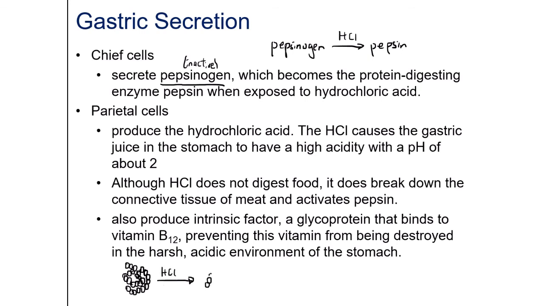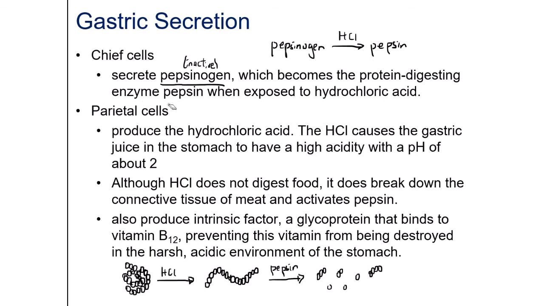It will help unfold the protein, so it's going to be in a long chain of amino acids. Then the hydrochloric acid will also activate the pepsinogen, converting it into pepsin. And pepsin is an enzyme that chops up the polypeptide. So you would get small chains of amino acids as well as individual amino acids. That's the function of pepsin.